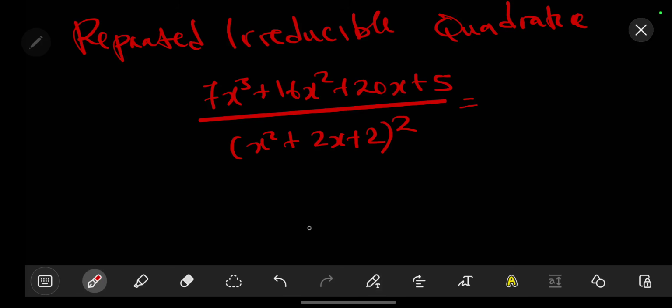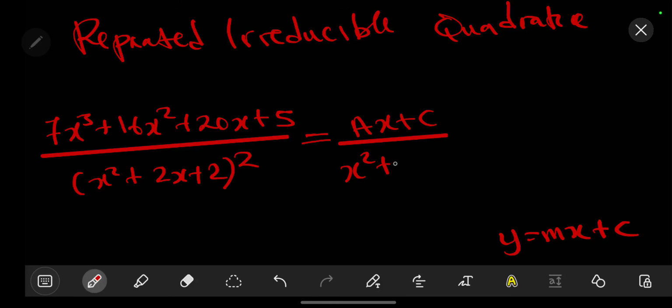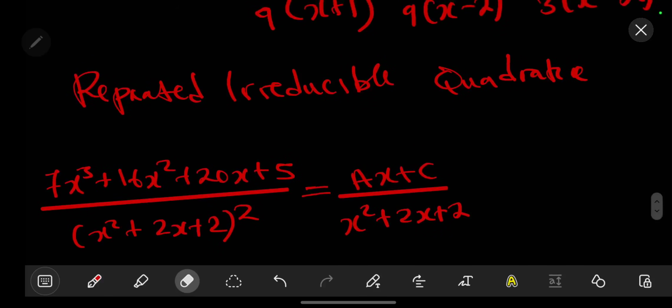So just as we did for that previous one, we already know that on top, if this is a quadratic, we come up with the form mx plus c, but just use different letters. Where m is, you're going to say ax plus c, then over x squared plus 2x plus 2, like that. But it's coming twice, so the approach will be the same.